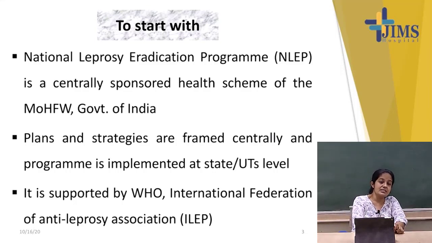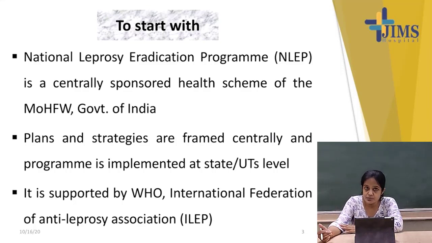Control means the disease itself is not a public health problem. Eradication means no person to person transmission is there, and elimination means no new case is occurring in the community. After that comes extinction, that is the disease causative agent is no longer there.